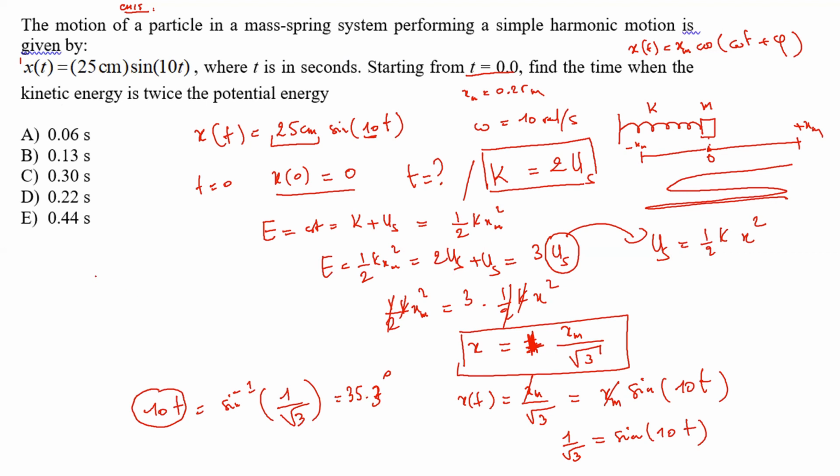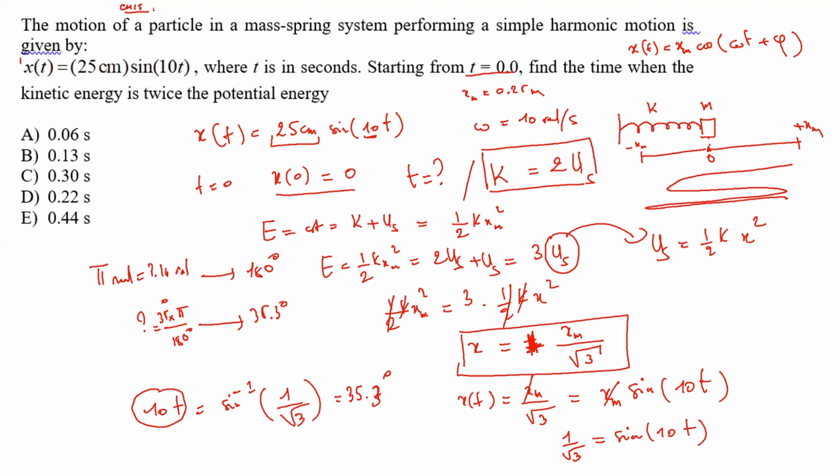You know that pi radian, which is 3.14 radian, is 180 degrees. That means 35.3 degrees is equal to how many radians? It will be basically 35 degrees multiplied by pi divided by 180 degrees.